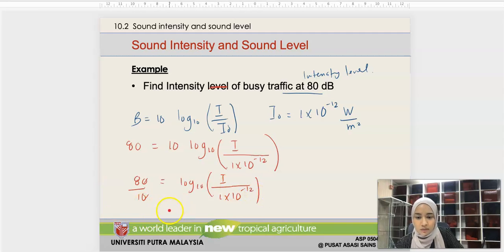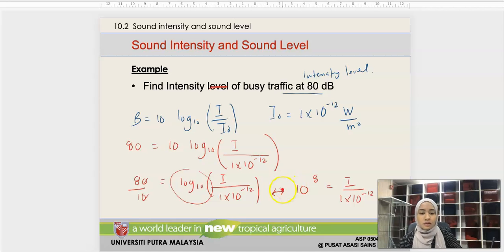So remember, if you want to solve the inverse of a log, right now you want to make this an inverse, because you want to solve for I. How do you do this? Because this is a base of 10, so you say 10 to the power of 8. Okay, so remember how you should do this. 10 to the power of 8 is equal to I over 1 times 10 to the minus 12.